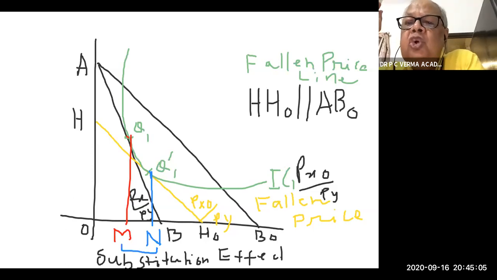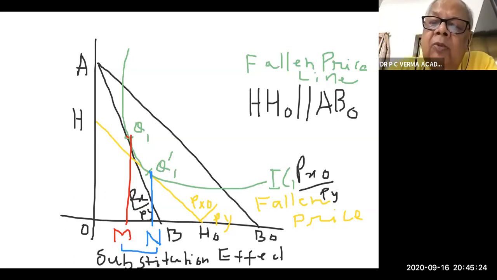HH0 is tangent to the original indifference curve IC1 at Q1 dash, and the AB price line is tangent to the original curve IC1 at Q1. The original consumer's equilibrium point is Q1. But after the substitution effect, the consumer will move from Q1 to Q1 dash. That is known as the substitution effect.